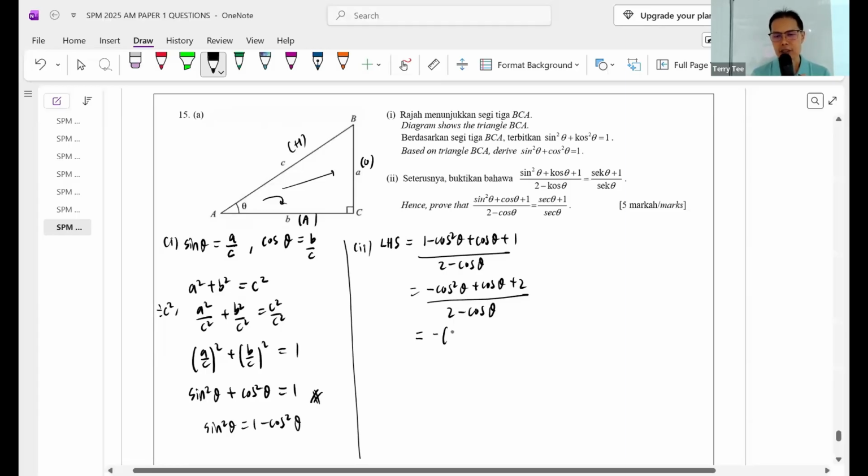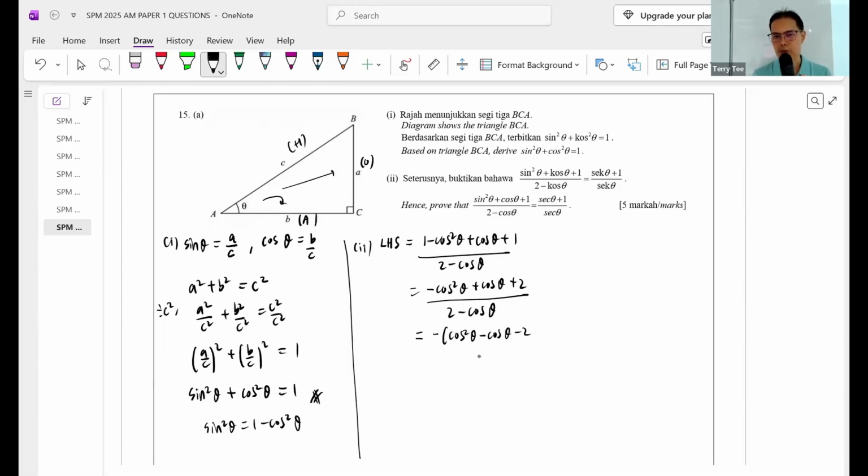So I take out the negative here. You're left with cos squared minus cos minus 2. Your denominator can also take out negative, cos theta minus 2. So from here, it's quite clear. We can cancel this. Then we factorize. And after you factorize, you can still cancel.